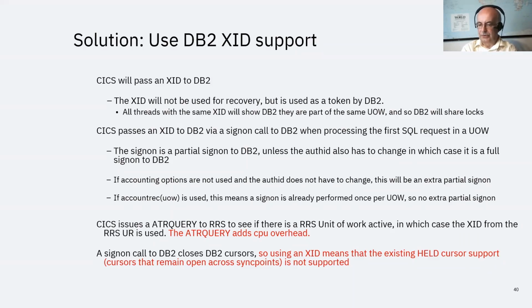A held cursor, if you're not familiar, is a DB2 concept where you can open a cursor for hold and then do fetch, fetch, fetch, fetch. And then if you sync point, the held cursor is still there, and you can do fetch, fetch, fetch in the next unit of work, and it's still positioned from where you last were.